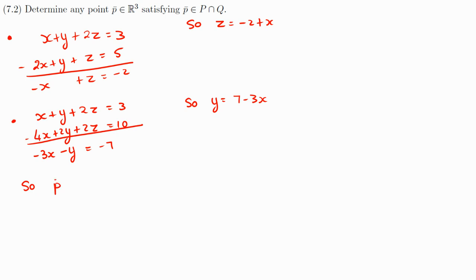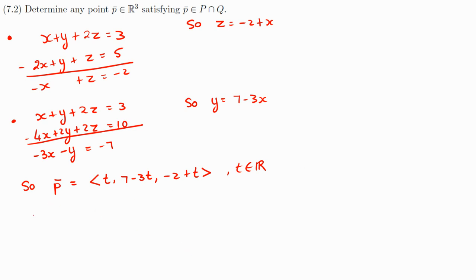So P will be equal to something like t, 7 minus 3t, and then minus 2 plus t, for t an element of R. Okay, cool.